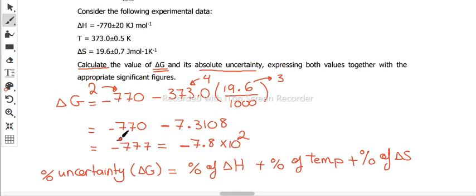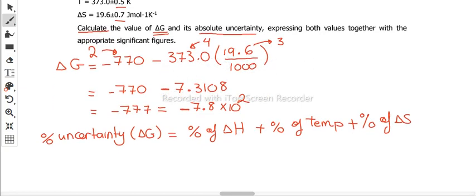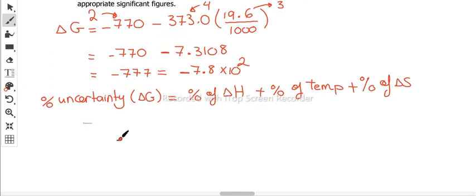So go back to the question. You have a 20 in delta H, you have plus minus half, you have 0.7, and you have the values. So I'm going now to start with each one. I will open a bracket. My delta H, it is a 20 divided over 770 times 100%.